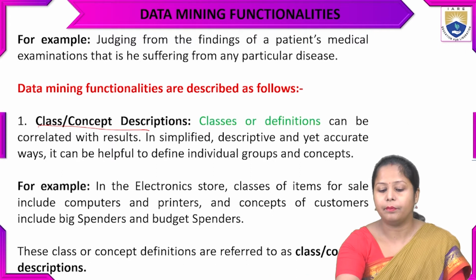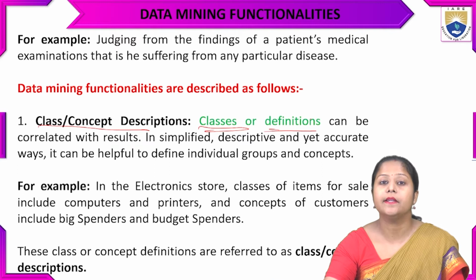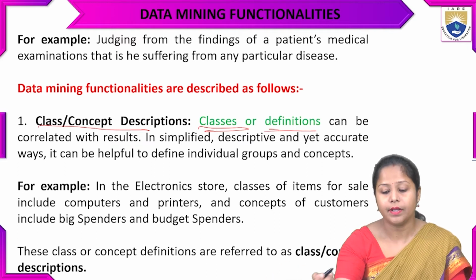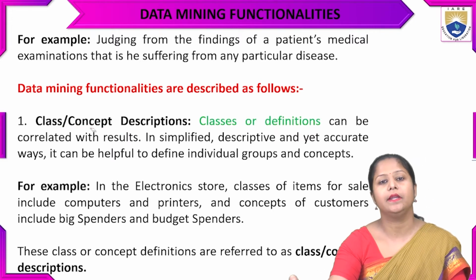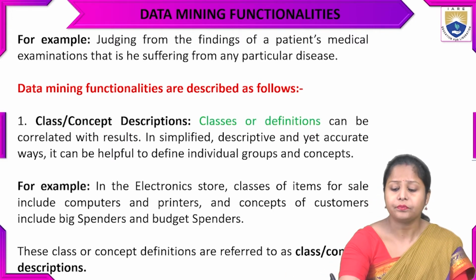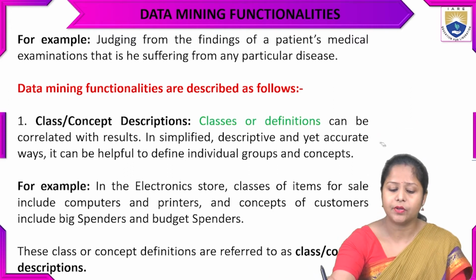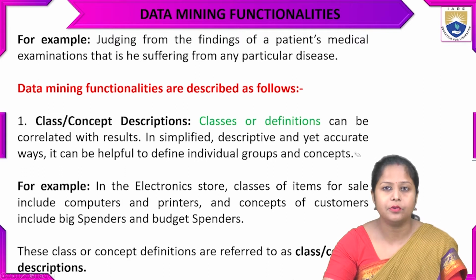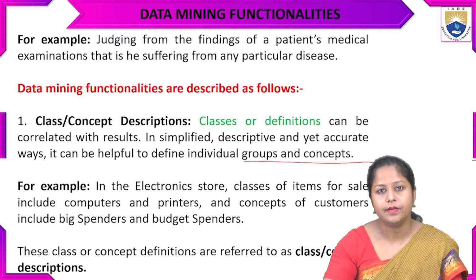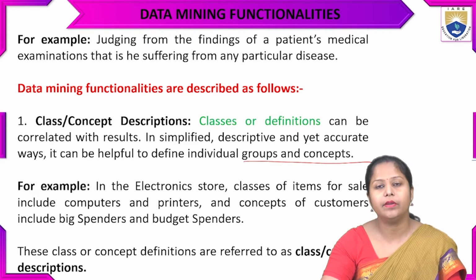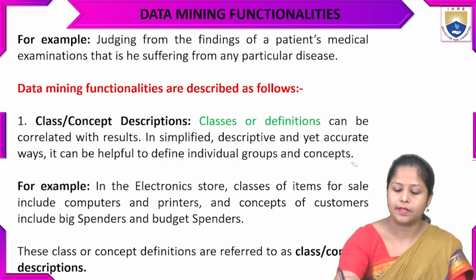So classes and definitions will be correlated while we are going to predict the results. In a simplified, descriptive and yet accurate way, it is very helpful to define individual groups and concepts.